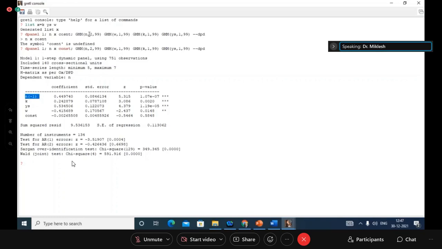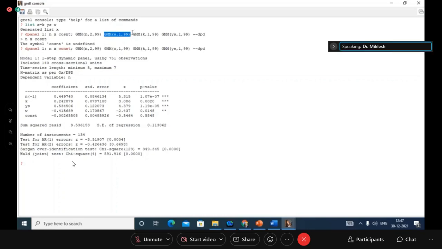That's why we have to start from second lag to 99. Another, take W from lag 1 to 99 as instrumental variable.